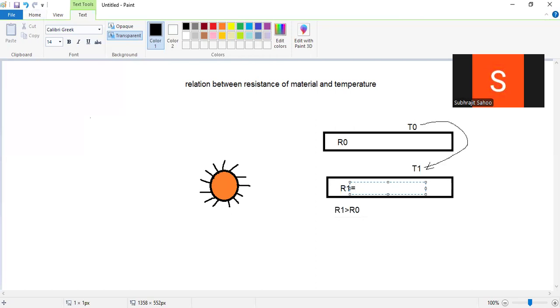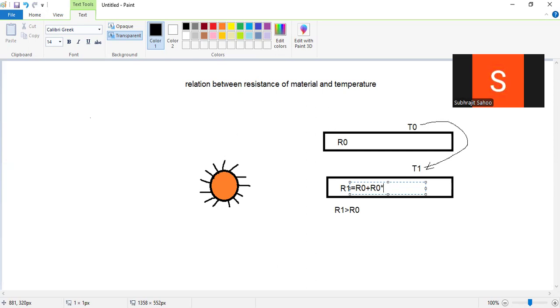Sir, what is the initial resistance? Sir, R naught. When the temperature was T naught, the resistance was R naught. Now the temperature becomes T1. What will the resistance become here, sir? R1. What will be the R1 value? Sir, R1 value becomes R naught plus R naught into alpha.